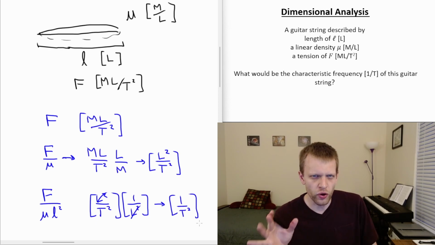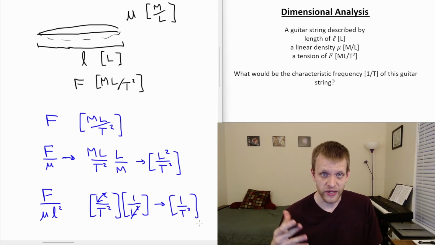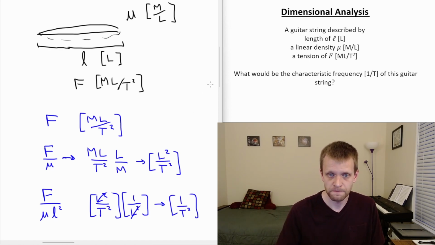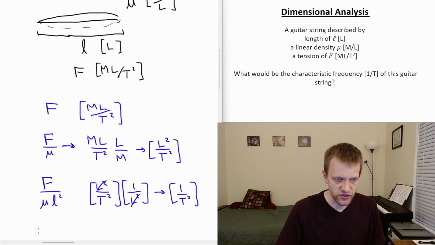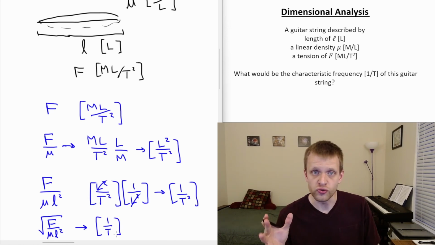But we don't want 1 over the period squared, we just want 1 over the period. So we can get rid of that square term by taking a square root of this. If I take the square root of the force divided by that linear density times the length squared, that will give me units of 1 over time. And those are the units that we want for frequency.